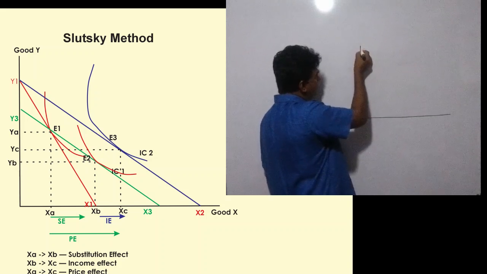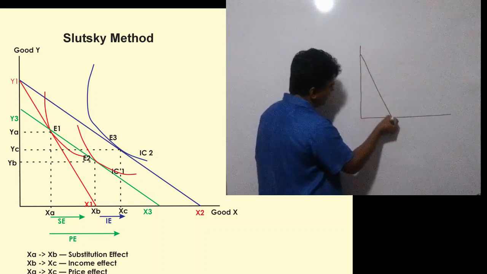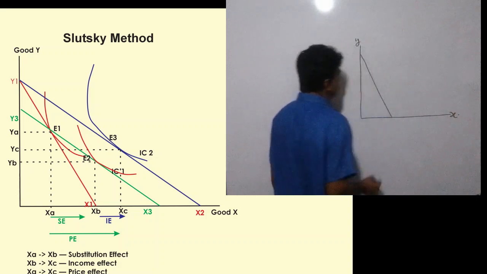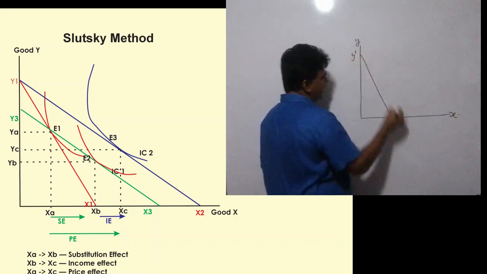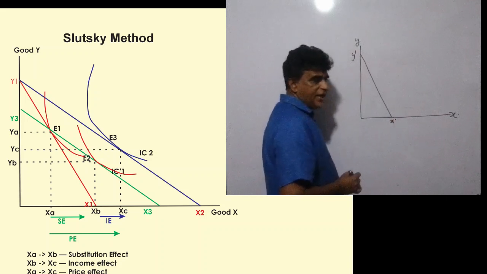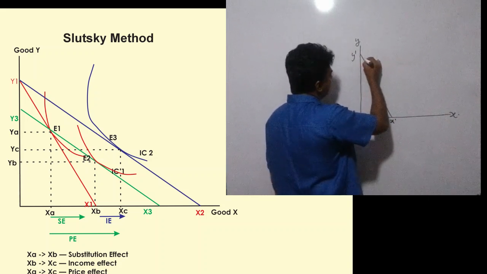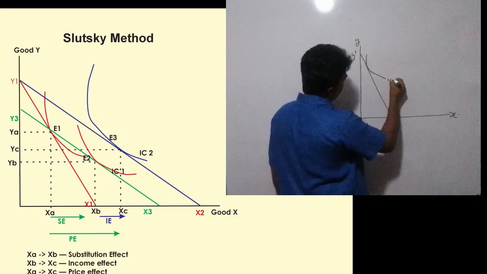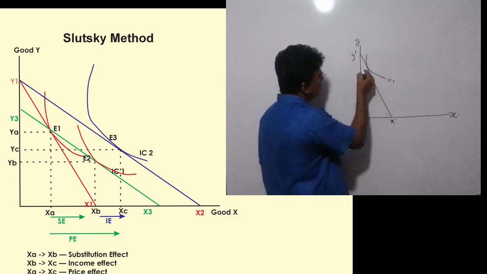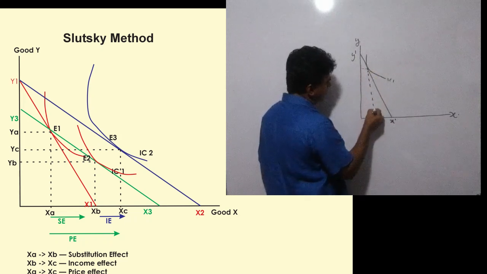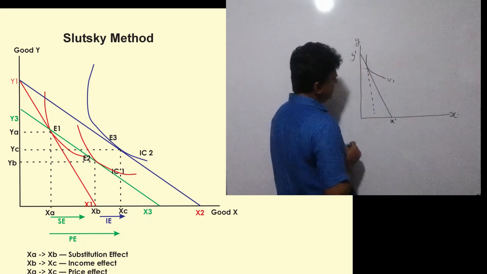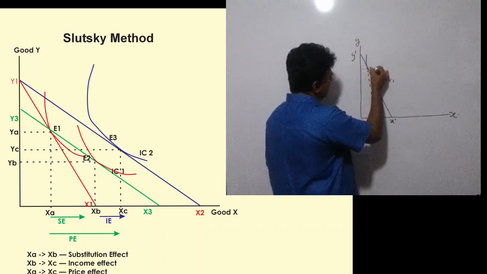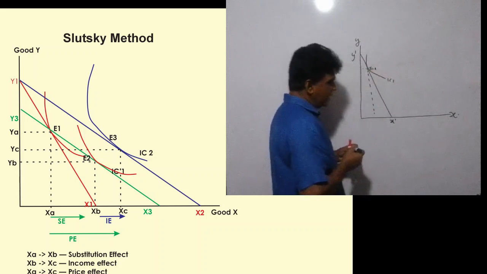Okay, now I am drawing the budgetary line first. This is good Y and this is good X. I'll say this is Y1 X1, the initial budgetary line, and this is IC1. Initially we know there is an equilibrium, that is E1.